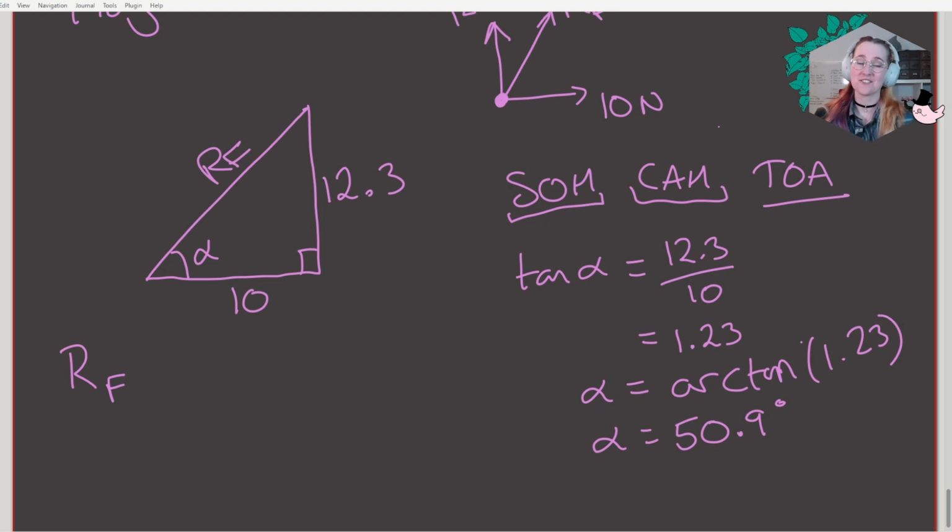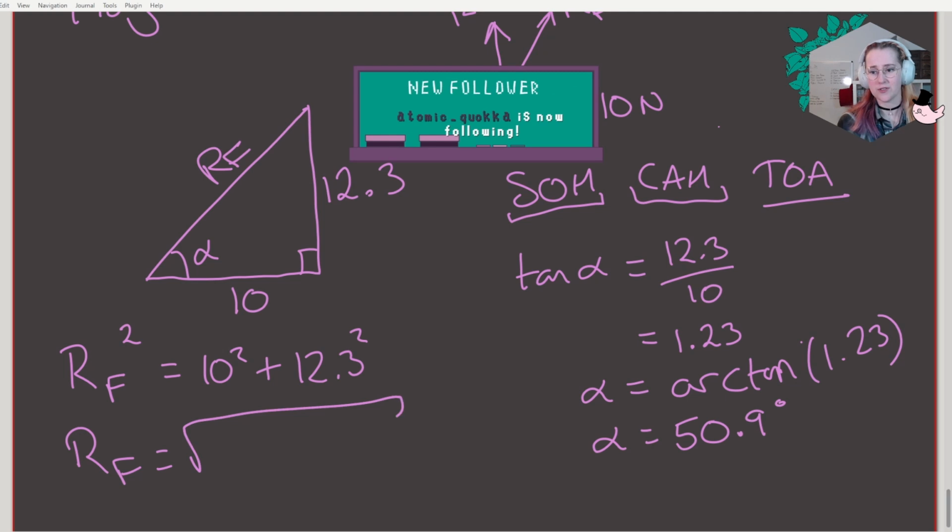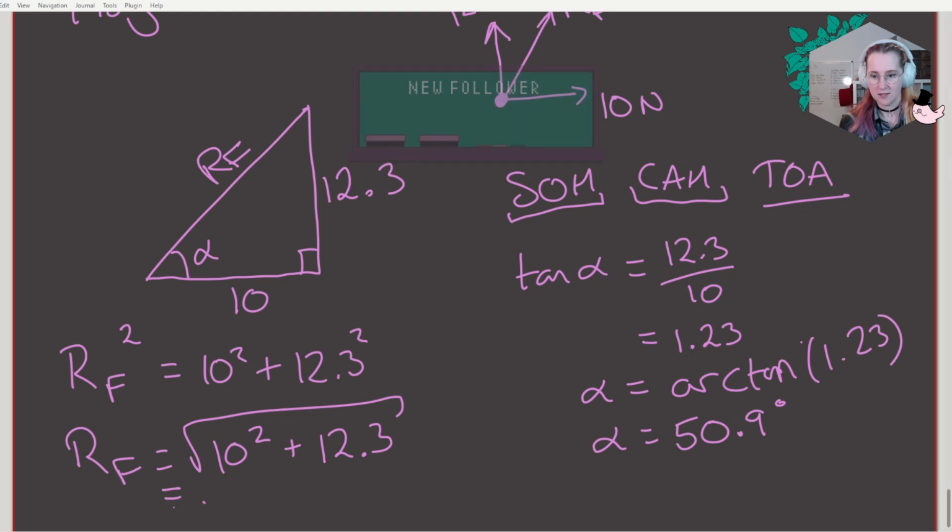Yeah, looking at the triangle, the other famous Pythag theorem is a squared plus b squared equals c squared. So RF squared is 10 squared plus 12.3 squared. RF is then the square root of that. And again, I'm going to use a calculator. Square root. 100 plus 144.09... 151.29.